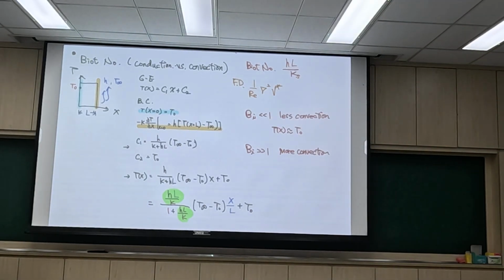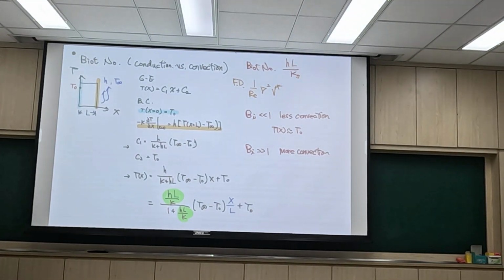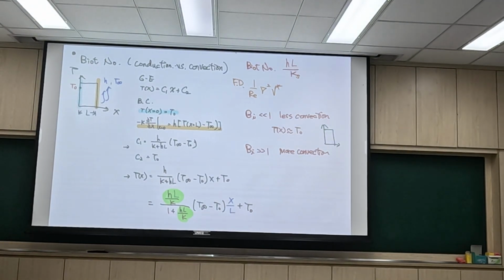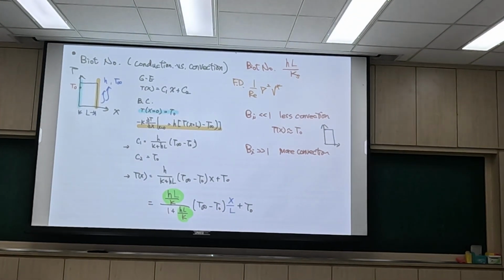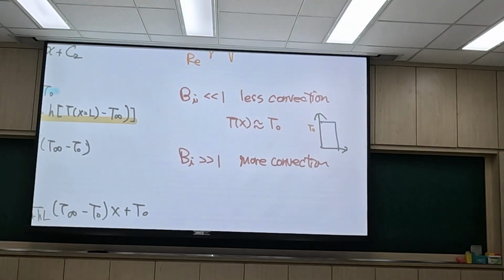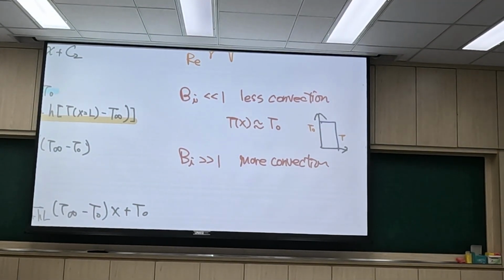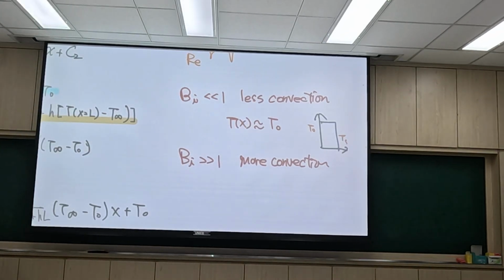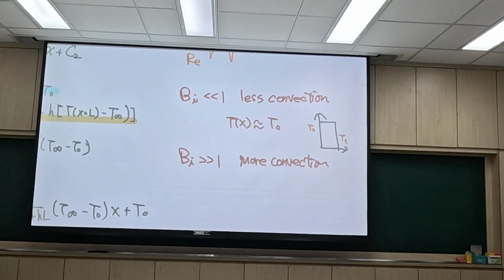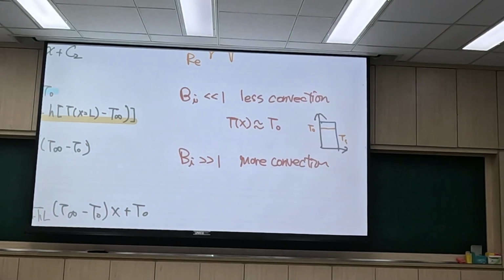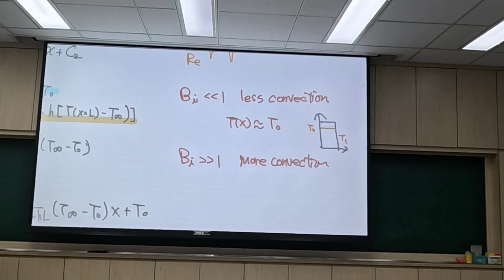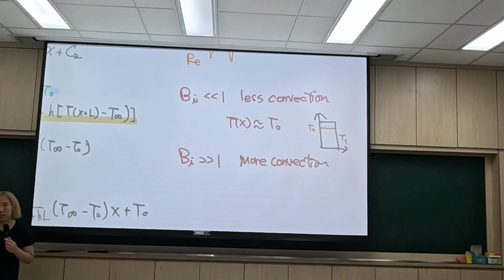Then if you try to draw this figure, the T and x figure, like this, with T0 and this is T surface, then the temperature profile will show a relative change, compared with the straight line. It only changes a little bit.